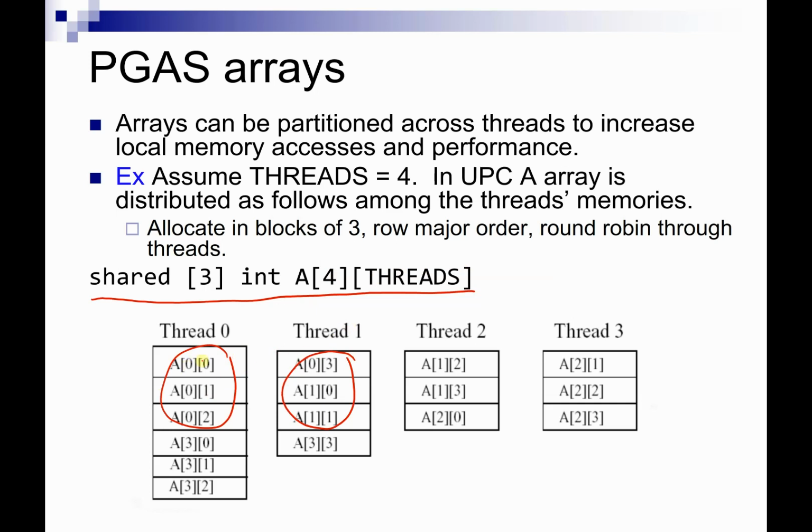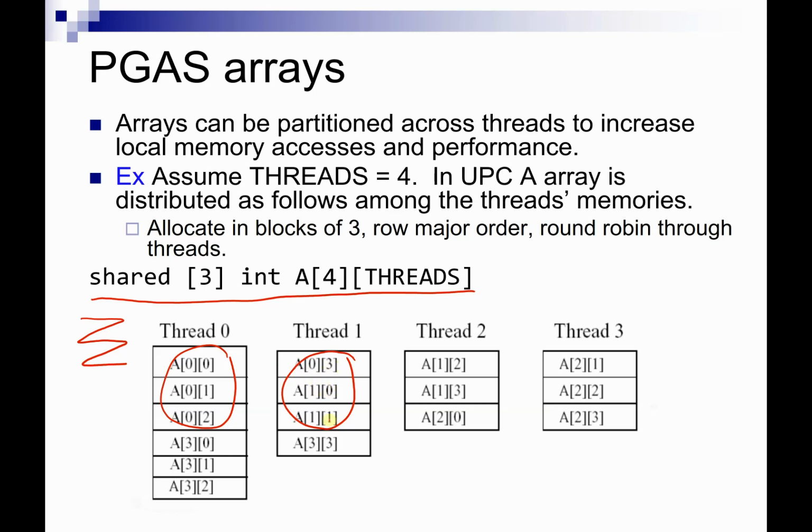So we're going A00, 01, 02, and then when you get to 03, you actually give that to the next thread. So we're going row by row over here. The next value after A03 is going to be A10 because we have 4 values per row.